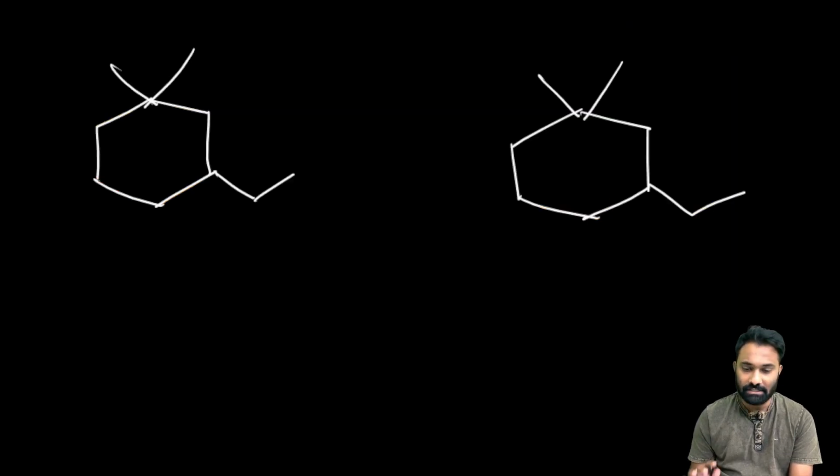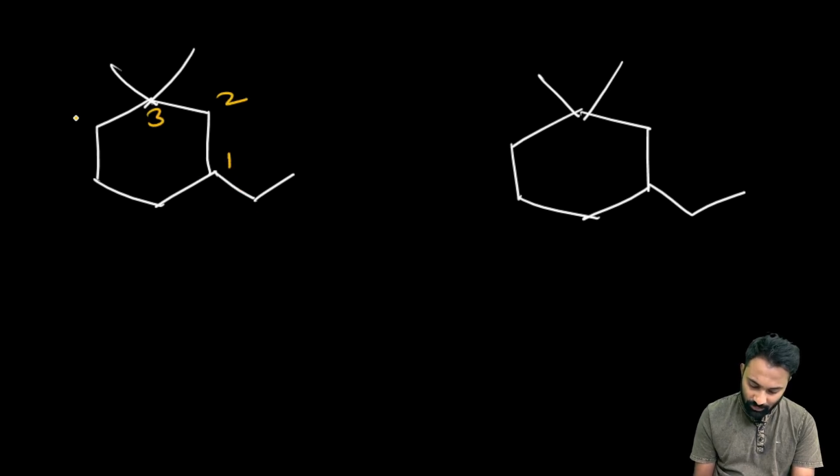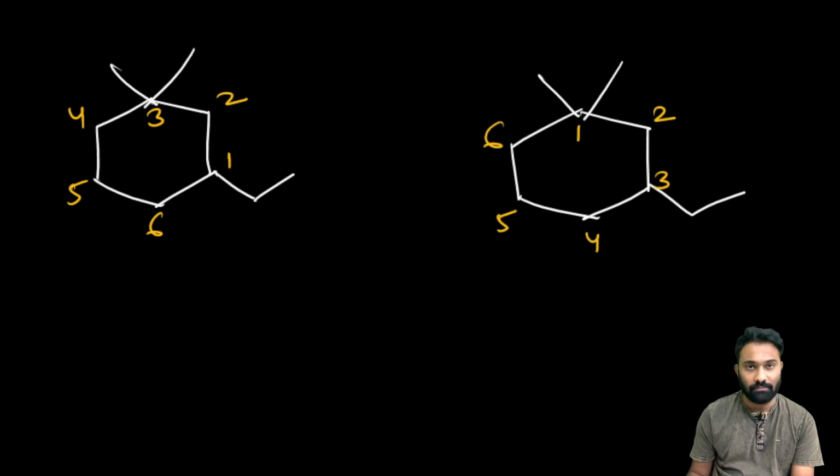Now next, if it is this type of compound, both are the same only, but we will see the numbering. Here we are having methyl, and we are having ethyl. So according to the alphabetical order, first we will go with the ethyl, right? So we will give the numbering here 1, 2, 3, 4, 5, 6. Done. Now here I will give the numbering in this manner, 1, 2, 3, 4, 5, 6.